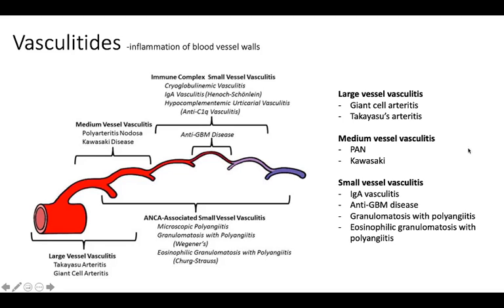So you can classify it into large vessel vasculitis, which is made up of giant cell arteritis and Takayasu's arteritis, into medium vessel vasculitis, which has polyarteritis nodosa and Kawasaki's disease in it, and also small vessel vasculitis, which is made up of IgA vasculitis, which is also known as Henoch-Schönlein purpura, anti-GBM disease, also known as Goodpasture syndrome, granulomatosis with polyangiitis, which used to be called Wegener's granulomatosis, but the name was changed.